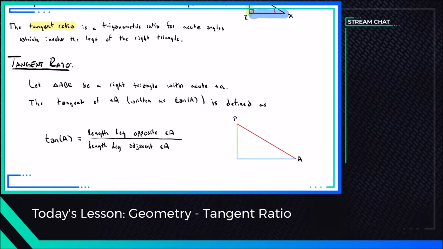And this whole time, this definition has been focused on angle A right there. Now let's look at angle A's point of view and identify the leg opposite of angle A. Well, that's going to be the leg that angle A is not touching. So this is going to be our opposite leg. So in this trig function, the tangent of angle A, on top is going to be the length of BC.